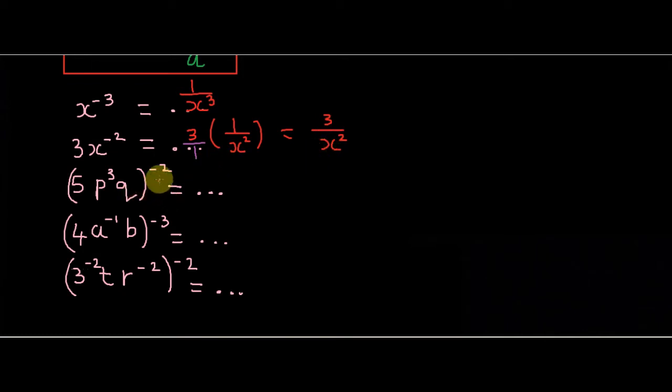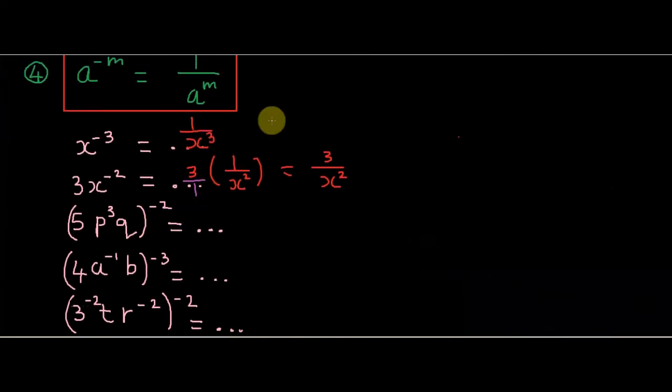Here we can first apply the negative 2 to what's inside the brackets, or alternatively, we can go straight to applying this law. Since the negative 2 is outside the brackets, it's going to be 1 over everything inside the brackets. And of course, then the power becomes positive.